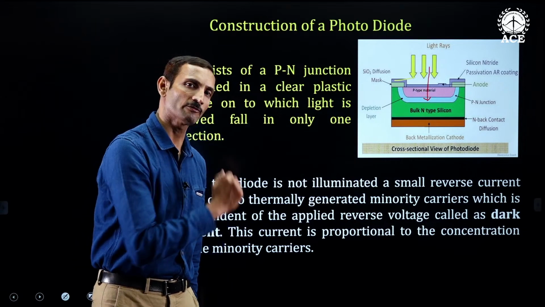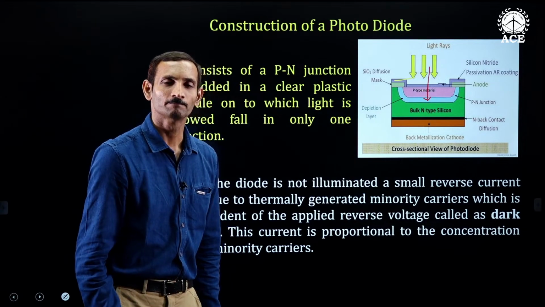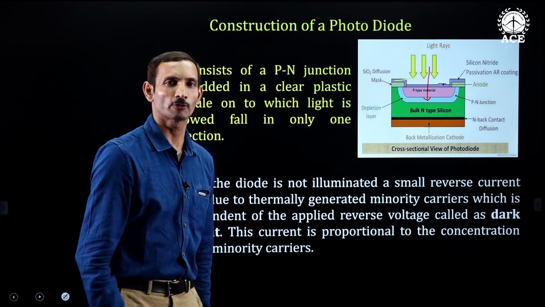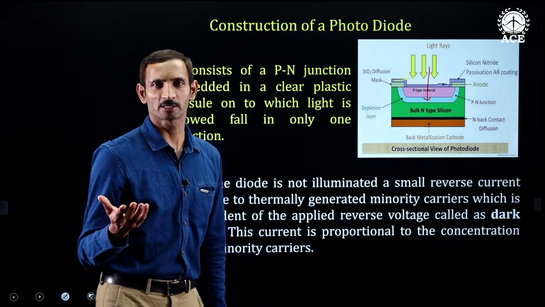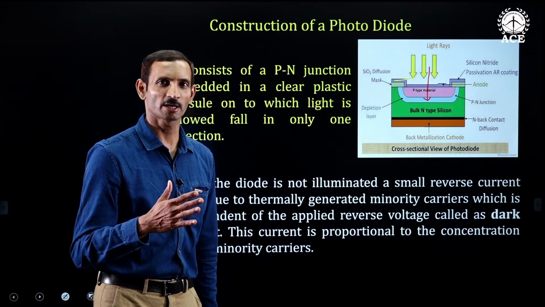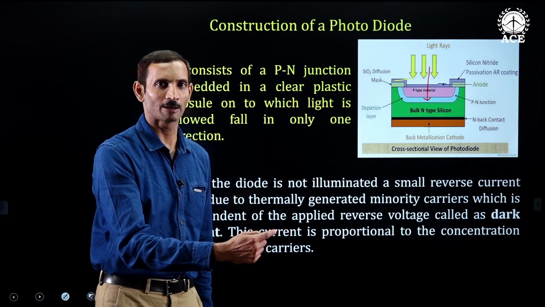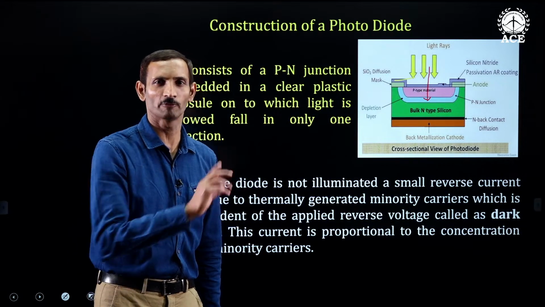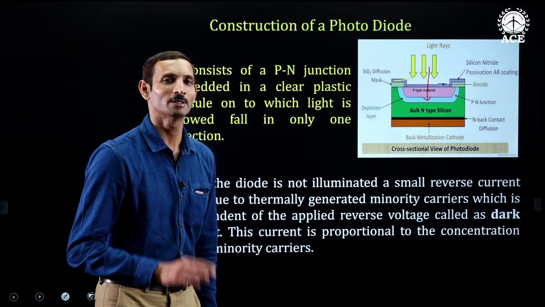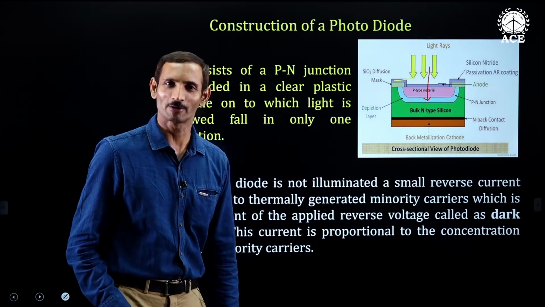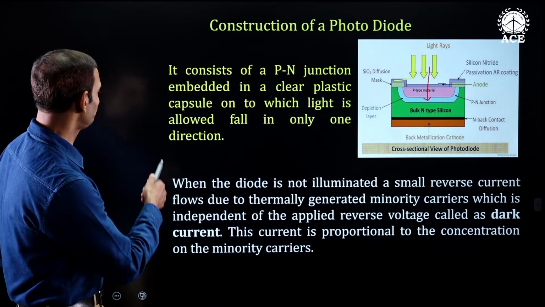If the galvanometer shows a deflection, what does that mean? That means there is light falling on the photodiode. When light falls on the photodiode, charge carriers are created. These charge carriers move through the galvanometer and give deflection to it. Is it not light detection? That is, in principle, what the photodiode does.